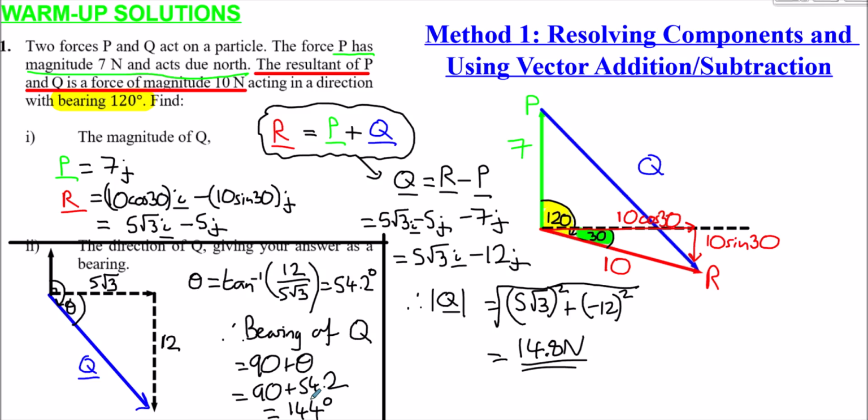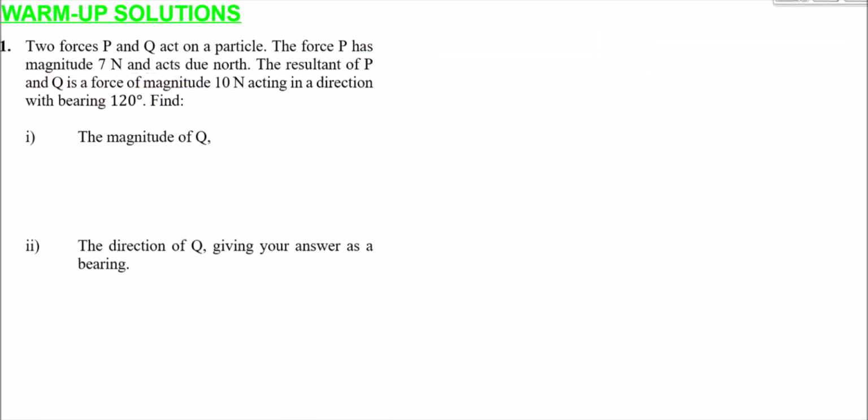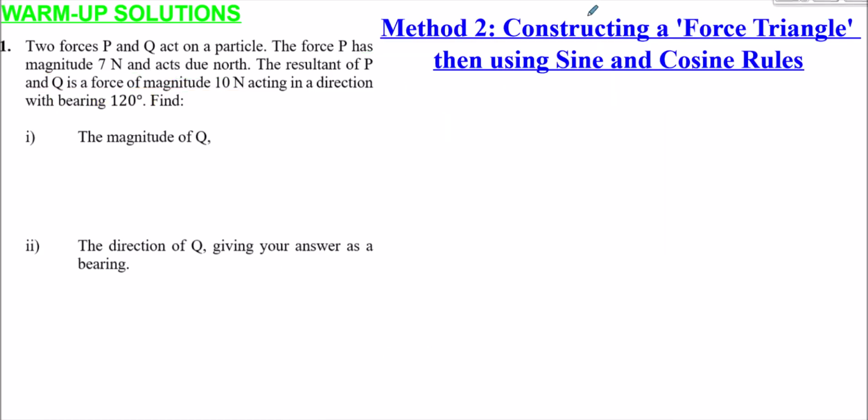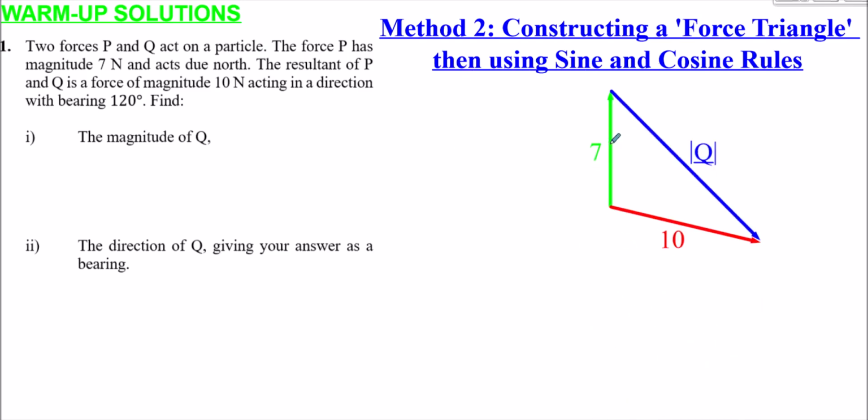Let's now have a look at a second method using the idea of a force triangle, and then we can also do the cosine rule and the sine rule for part 1 and part 2 respectively. So we could construct a force triangle, then use the sine and cosine rules. So going back to the triangle we started with before we carried through the calculations, just to remind you, that's P, which is 7.